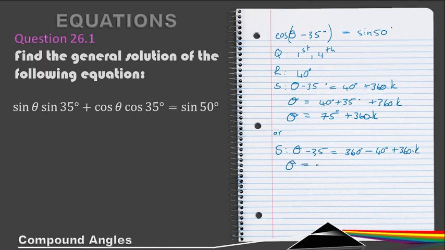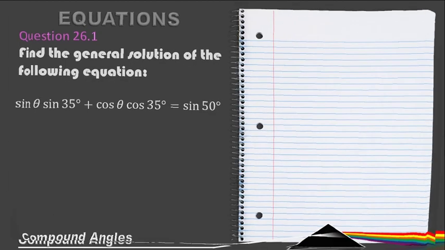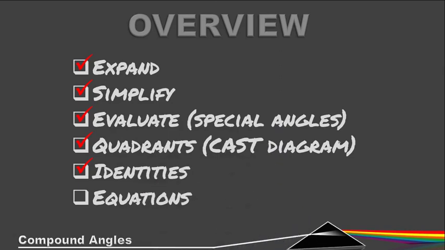So theta is equal to 360 minus 40 plus 35 plus 360k. Alright, so minus 40 plus 35 gives me negative 5. So 360 minus 5 is 355 plus 360k. So that's my general solution for this equation. Okay, that means we are done with equations as well.